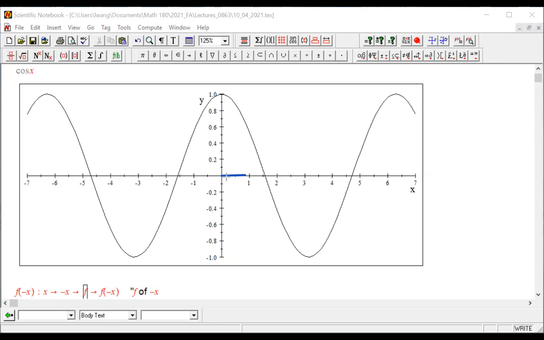Opposite inputs, and what are the outputs? The outputs are the same. And from the unit circle, we just saw it: whenever the angles are opposite, one counterclockwise, the other clockwise, same measurement, their outputs are exactly the same. Isn't that an even function?